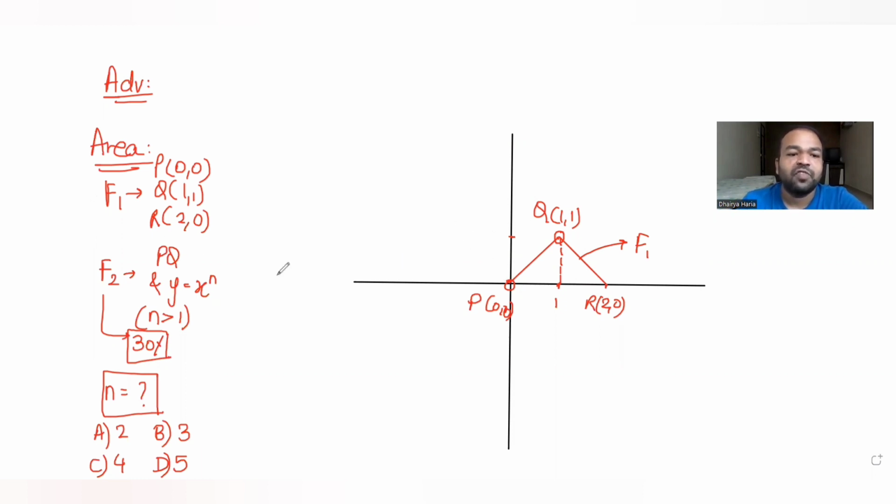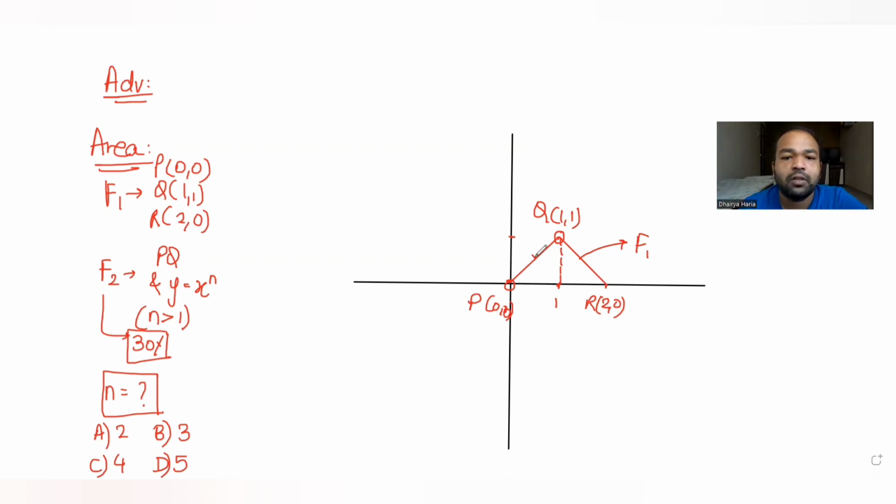Now, we have been told that farmer F2 has swept away 30% of the region of F1 which lies between PQ and y equal to x raised to n. PQ basically means the line present between the two coordinates 0, 0 and 1, 1.